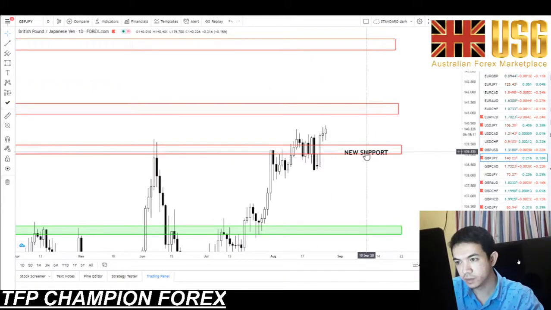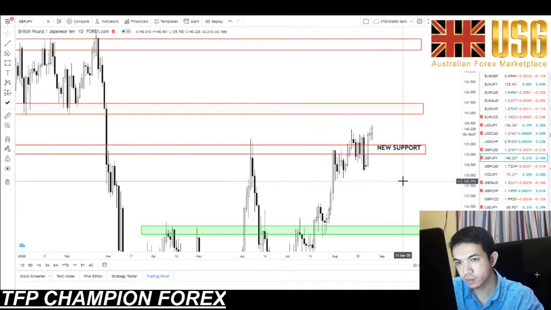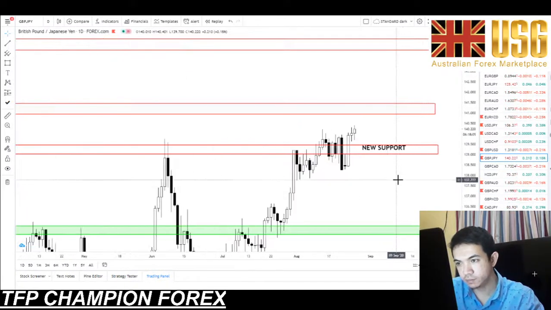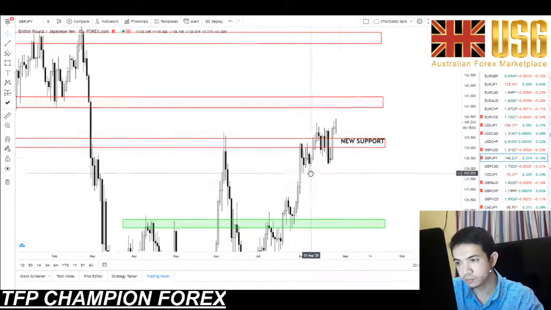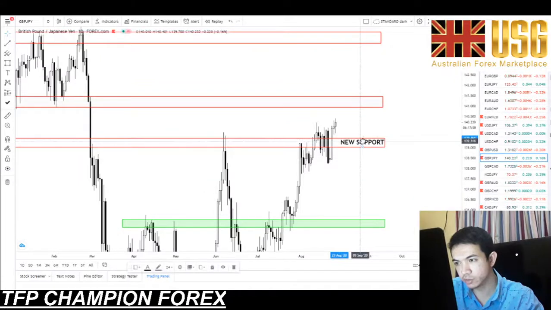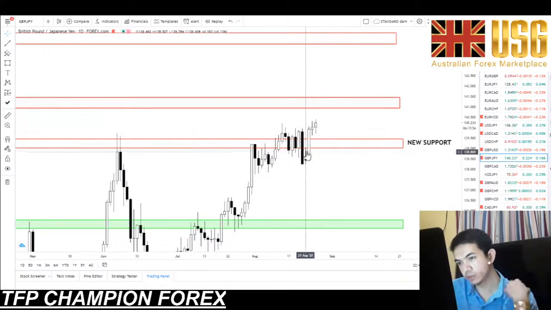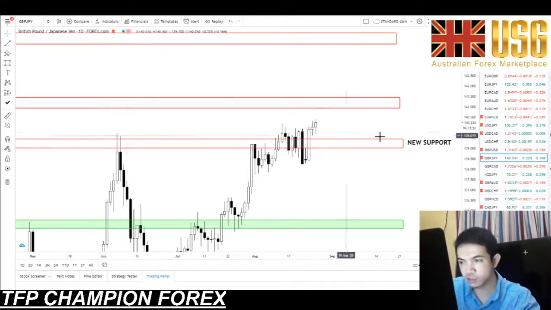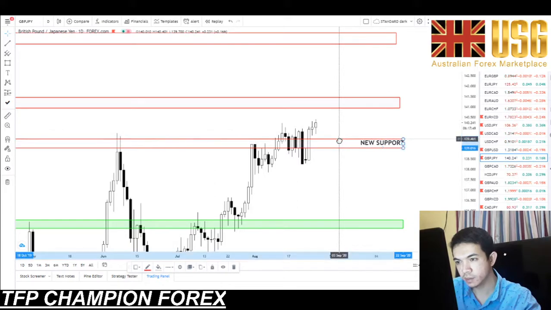All right, so later on I will give you a few scenarios on what will happen since the price broke through this level of previous resistance, now turned new support, right?